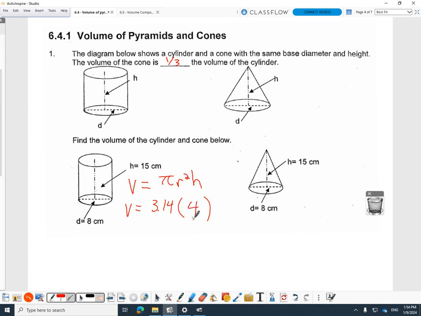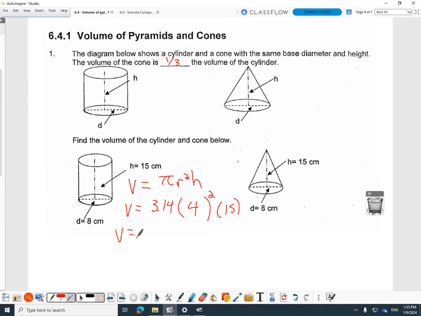And I need to tell you that actually, grade 8, grade 9 kids, that's one of the problems they have, is they're too quick to just put the numbers in and not look and go, wait a minute, I want radius. And that's 4. I've got to square that. And then the height, hopefully you can just see there is 15. This is all multiply. Those numbers are side by side, so I got to multiply those all together.